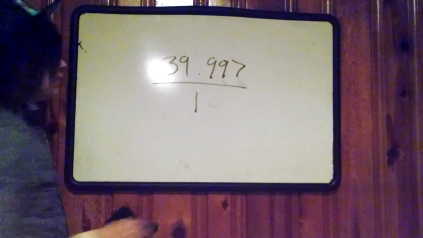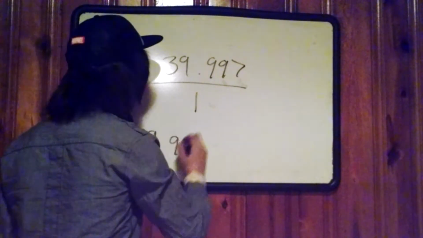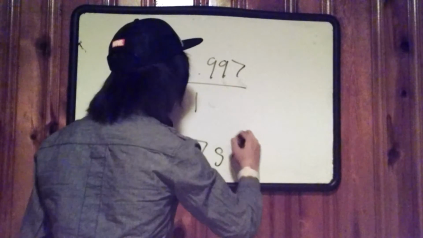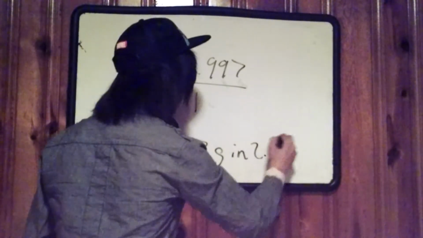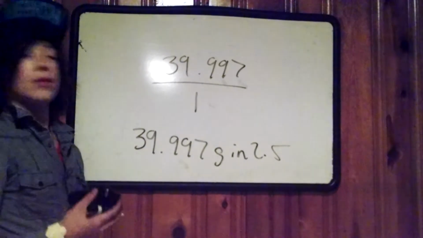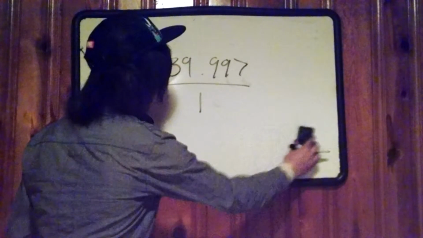Anything divided by 1 is itself. So there are 39.997 grams in 2.5 moles of oxygen. So now that we know this, we know how to solve a moles to grams equation.